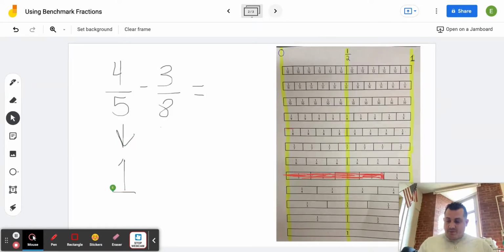So 4/5, we would be estimating it, I'm just going to draw an arrow down, to 1. Or rather, to 1/2. Minus 3/8. Same thing, let's go find the eighths on our fraction strip. Now 3/8. I'm going to color in 3/8. So 1, 2, 3.